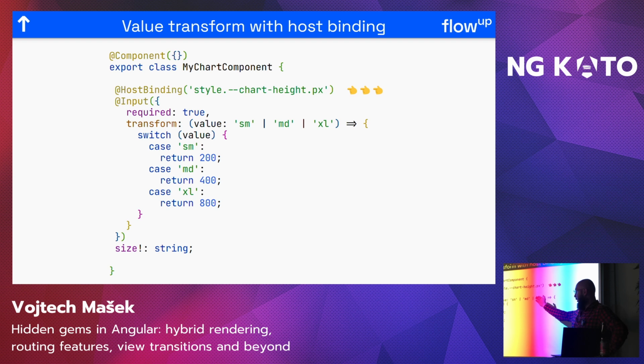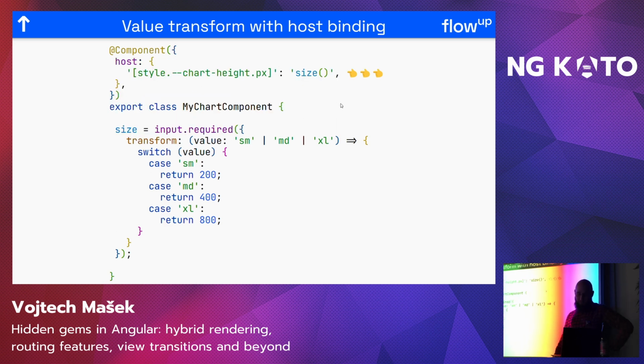You can host bind it to the CSS variable, and now you can use these pixels in your CSS directly, and you would be absolutely sure that every time someone changes the value or when the component is used, these pixels would get correctly bound to your CSS property. And if you use the new version of Angular with inputs as signals, then you can do this. You can have the same thing as a signal and bind it in your host, where up here you can use signals.